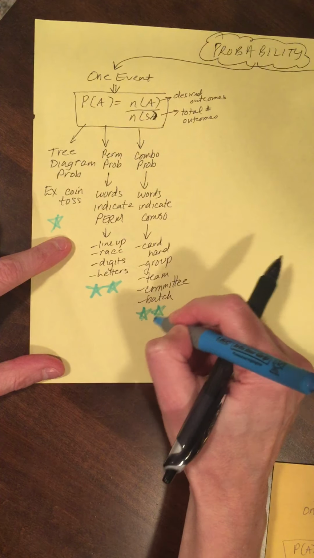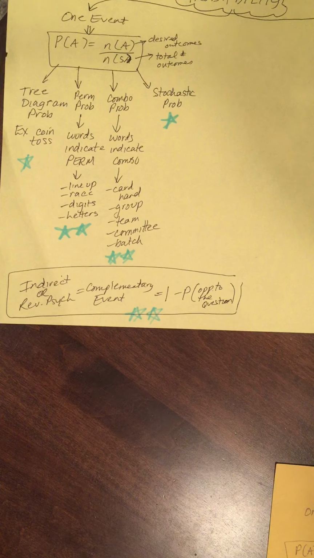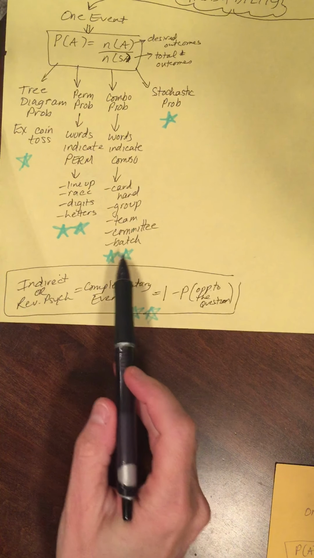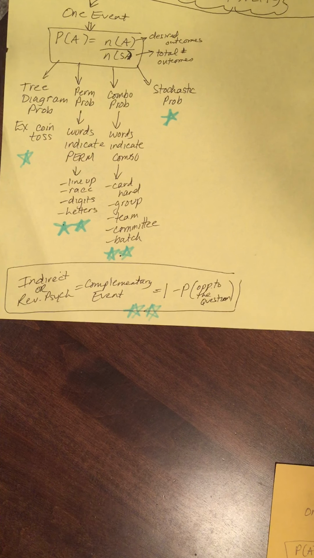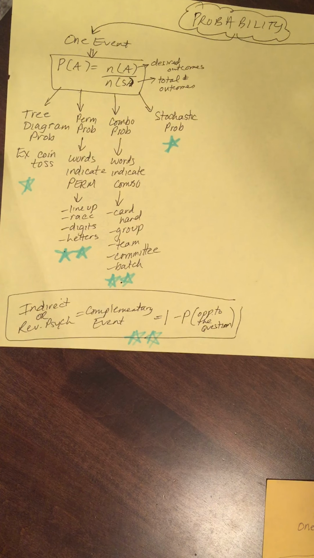And that uses the formula 1 minus the probability of the opposite to the question. And we could easily, in a testing situation, see a couple of these. So right now, if we look at potential testing questions, we've got about 2, 4, 6, probably 8 questions coming from the whole idea of the desired outcomes over a total outcome.